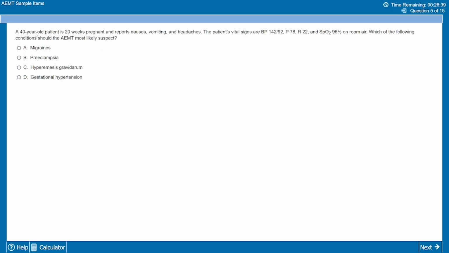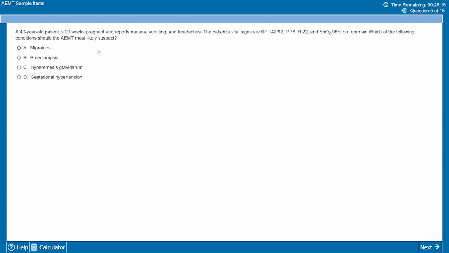The next question is a 40-year-old patient is 20 weeks pregnant and reports nausea, vomiting, and headaches. The patient's vital signs are BP is 142/92, the pulse is 78 beats per minute, the respiratory rate is 22, and they're sitting at 96% on room air. Which of the following conditions should the AEMT most likely suspect?